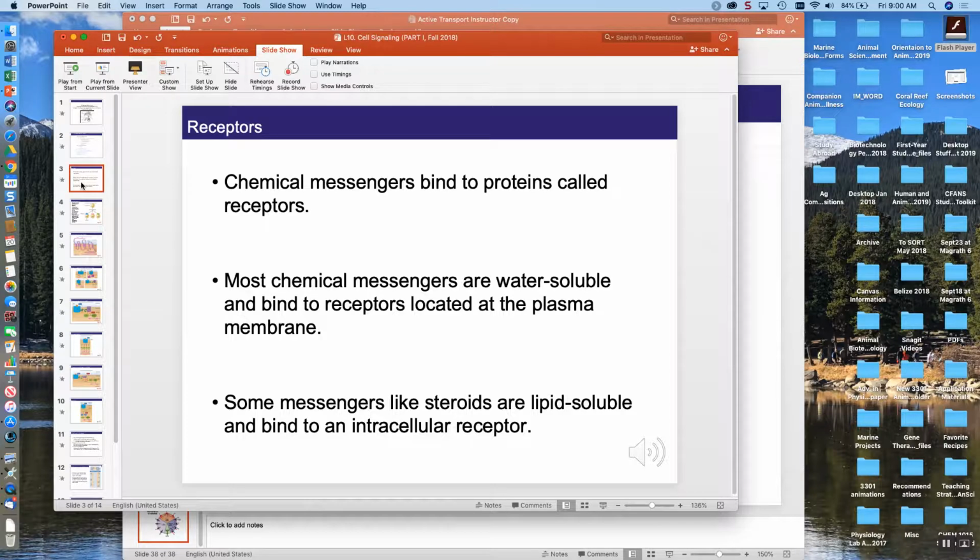They prefer to be in a lipid environment, and they can easily cross the plasma membrane by passive diffusion, now you know what that is, and bind to receptors intracellularly, sometimes intranuclear. They can just go right into the nucleus, and a lot of times, they promote protein synthesis. Okay, that takes about 24 hours.